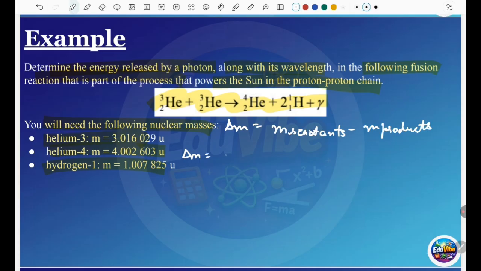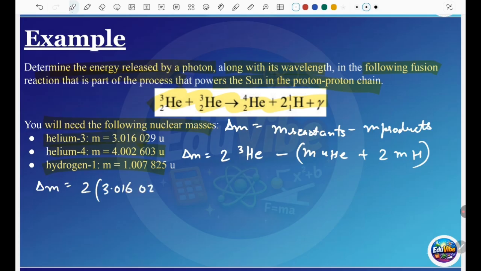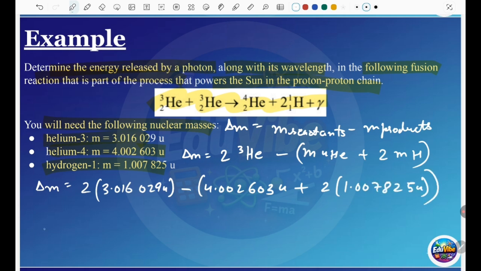In the reactants we have two helium-3, because both are the same, minus, on the other side, the helium-4 mass plus 2 times the mass of hydrogen-1. Now you can put in the values: 3.016029 U, times 2, minus 4.002603 U plus 2 times 1.007825 U.